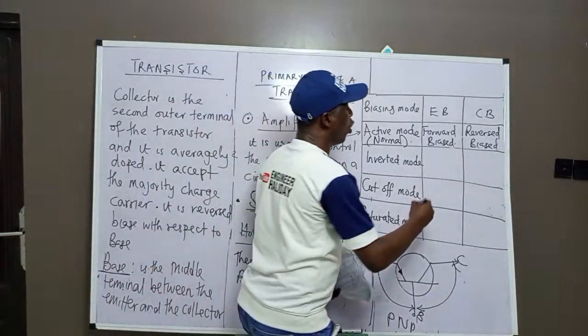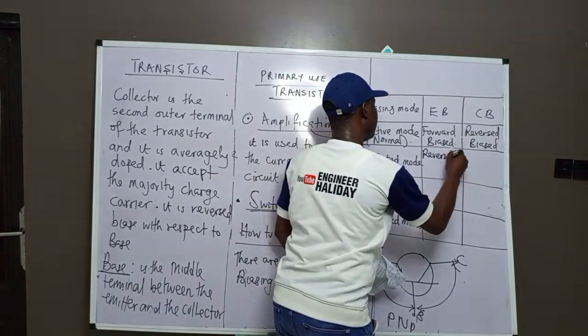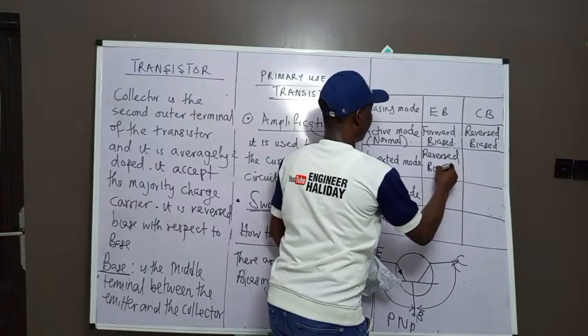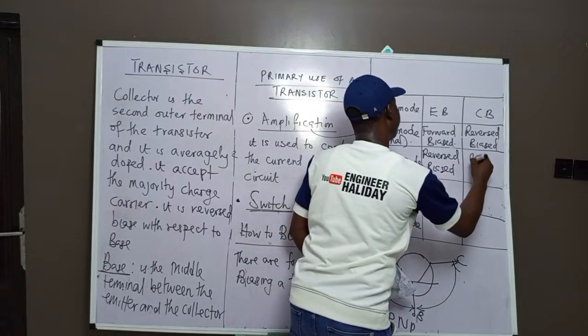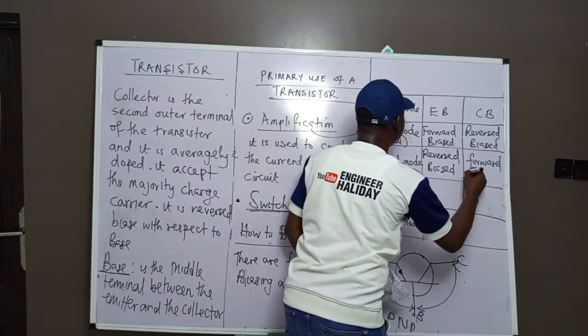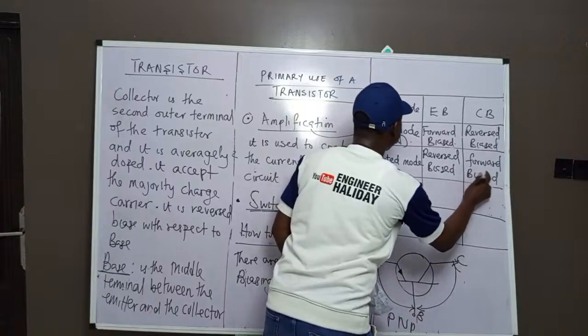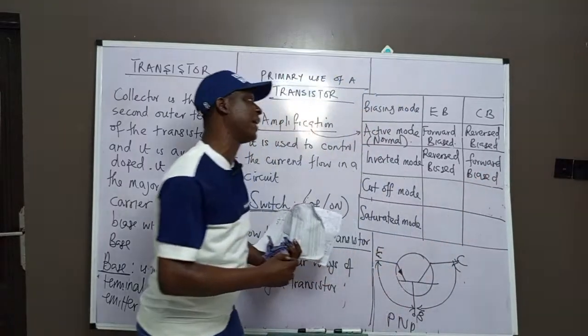The inverted mode is changing this one, bringing reverse bias, and this is forward bias. An emitter base can never be reverse bias. So take note of that.